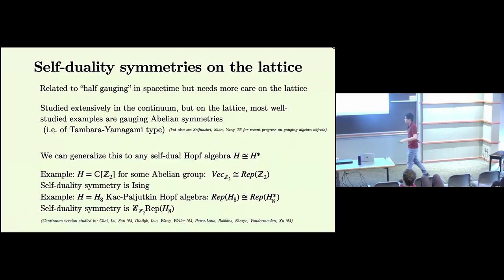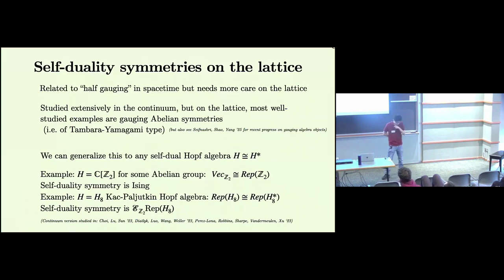And an example beyond an abelian group is this so-called H8 Hopf algebra, for which the representation category is itself under its dual, and you can get a larger self-duality. And that has been studied by these folks recently. And basically what I want to do today is try to do this on the lattice explicitly. Okay, and the language I'll be using is closely related to these Hopf algebras.